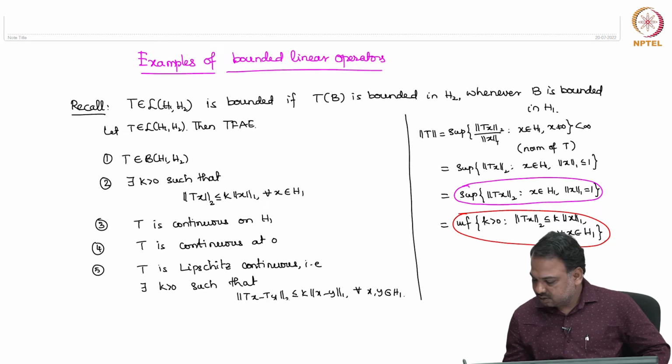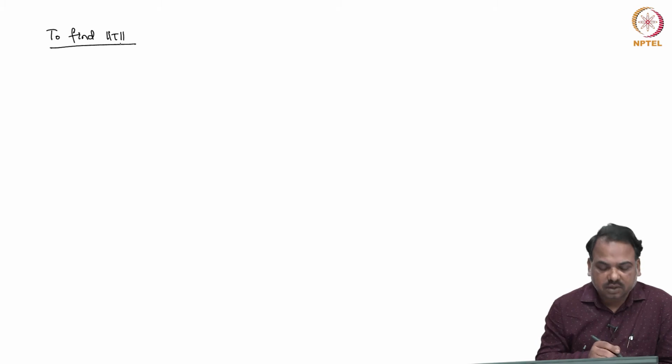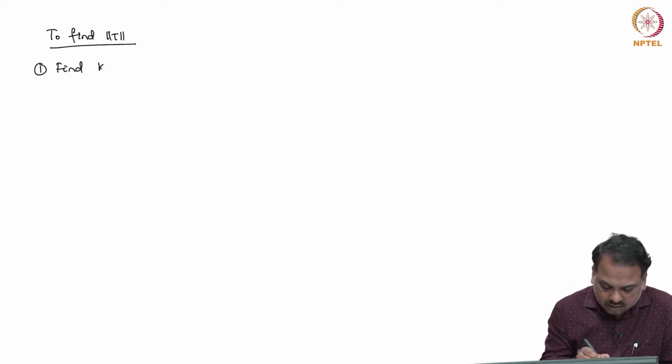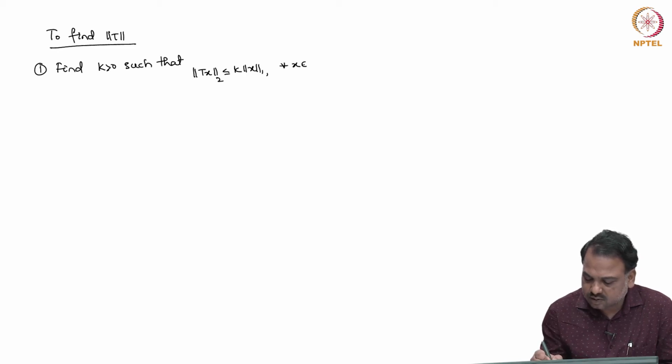This gives the geometric interpretation, and in fact it also suggests how to find the norm of an operator. So let me quickly recall how to find the norm of an operator. The first step: to find the norm of T, find a number K such that norm Tx is less than or equal to K times norm x for all x in H1.